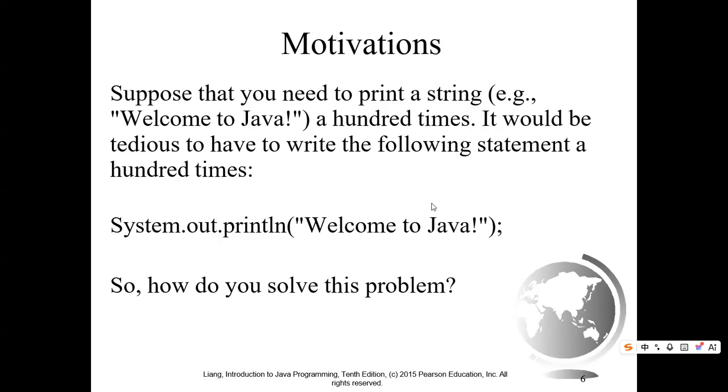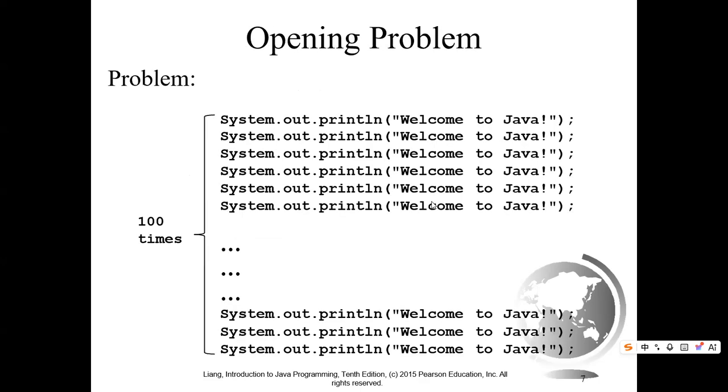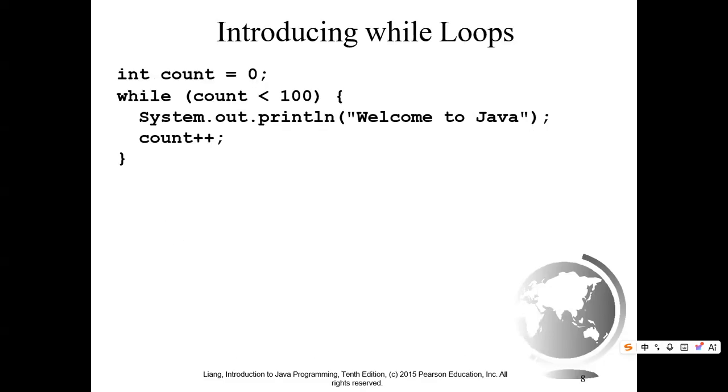So we can use a while loop to print such a thing. Of course, the most naive way is to write 100 lines of "Welcome to Java". However, we can also declare a count and use the while loop in this way.